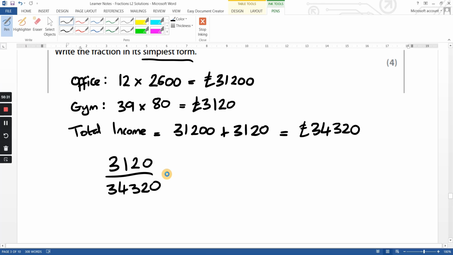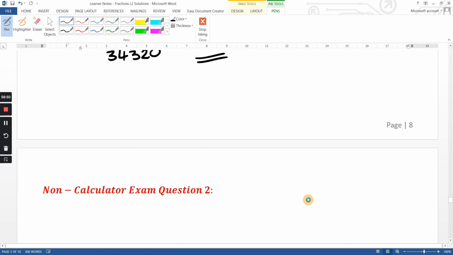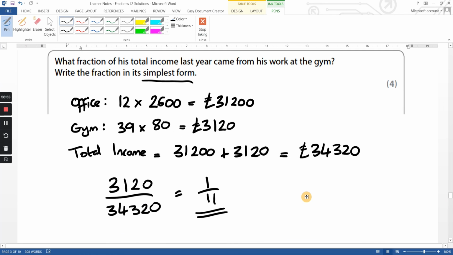So I'm going to type in 3120 divided by 34320 equals, and it comes up on my calculator. It looks like this. It simplified it for me. That's my answer.